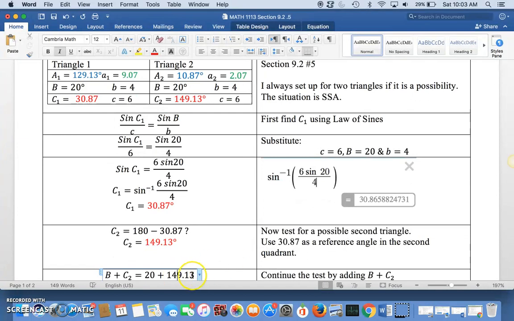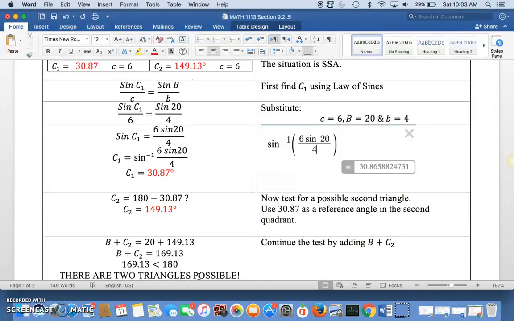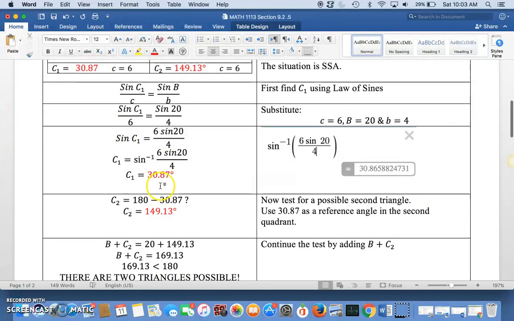You add that 149.13 to the angle that you were given of 20. That gives you 169.13. So we know that number is less than 180. So what do we conclude? There are two triangles. We found angle C in the first triangle, and we found angle C in the second triangle.